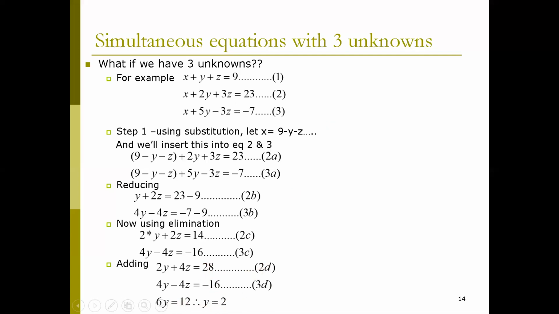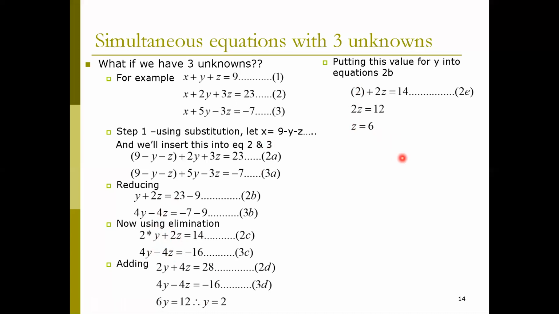Once we get one of our unknowns, we substitute it into one of these equations. So it looks like we went for this equation here, y plus 2z equals 14. So we put y equals 2 in there and we solve for z. So 2 comes across and we end up with 2z equals 14, so z equals 6.